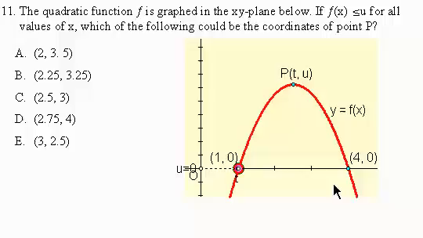So my answer is going to be C. To make it further clear, I'm going to show you this is the one. See the 2 points, and it goes from here, it goes up to this. So the x value of t is going to be 2.5.